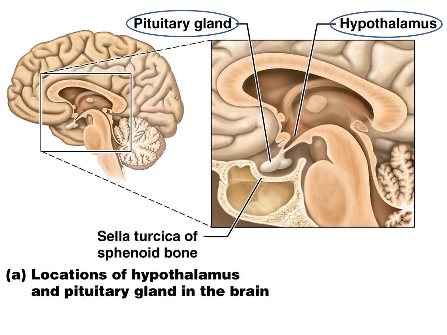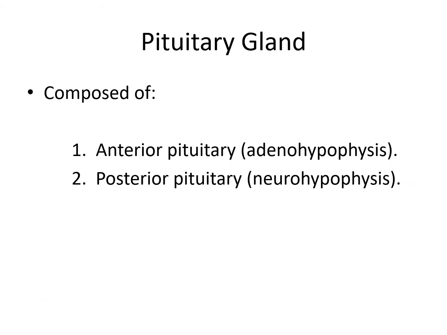That depression is what protects the pituitary gland. So here in this very simple structure, we see the pituitary gland, and you can see there's an anterior and a posterior pituitary gland, and it's connected by a structure called the infundibulum to the hypothalamus, which is on the other side here of the diencephalon. Now, the pituitary gland, as we mentioned, has two portions.